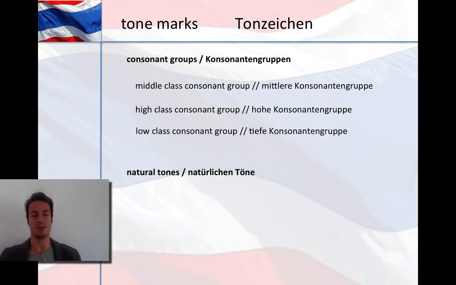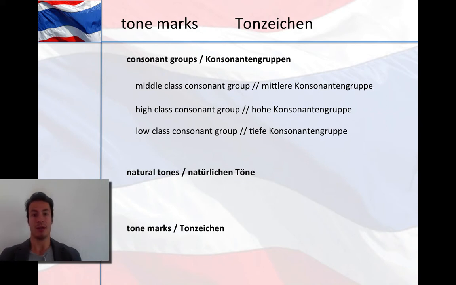It's not the neutral tone, which is the middle tone, but it's the natural tone. Ich nenne es die natürlichen Töne, weil es die Töne sind, die eben den Konsonanten innewohnen, ohne irgendwie abgeändert zu sein. Zum Beispiel bei einem mittleren Konsonanten in einer lebenden Silbe ein mittlerer Ton.